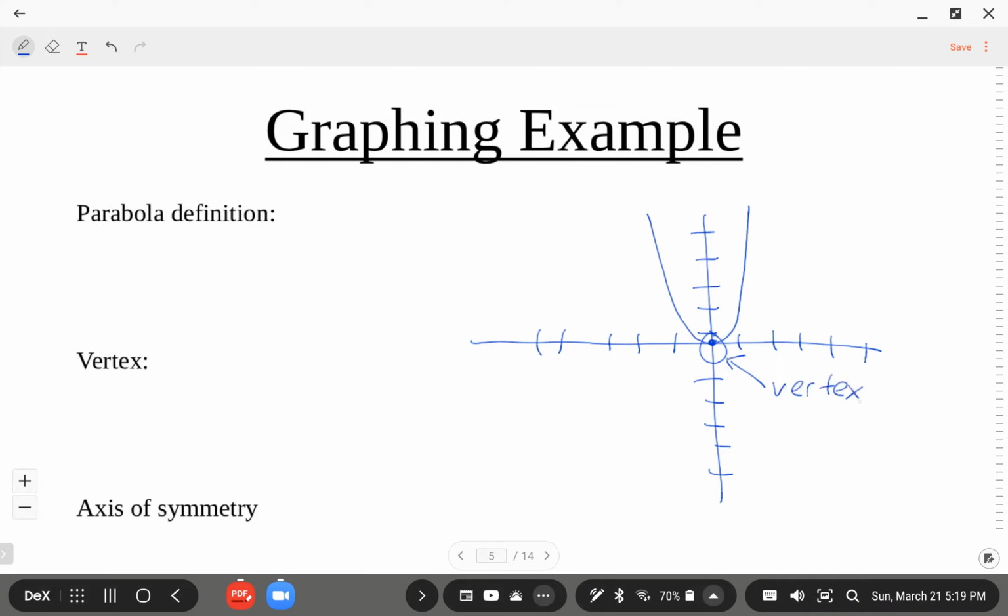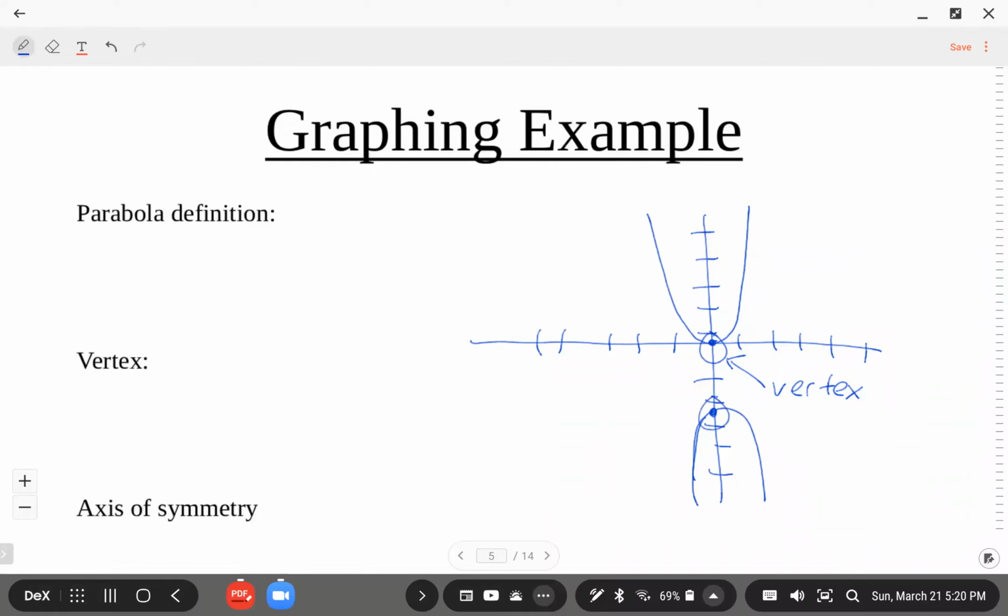Make sure you have that. Sometimes it's facing downward. It can face upward, or it could be an upside down U, in which case this would be the vertex, and it would be the highest point. And this vertex is going to be the lowest point. When you have a vertex that is the lowest point, it's called a minimum vertex. And when you have a vertex that is the highest point, it's going to be called a maximum.